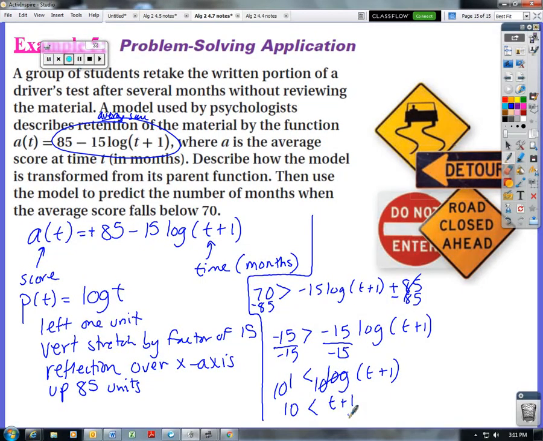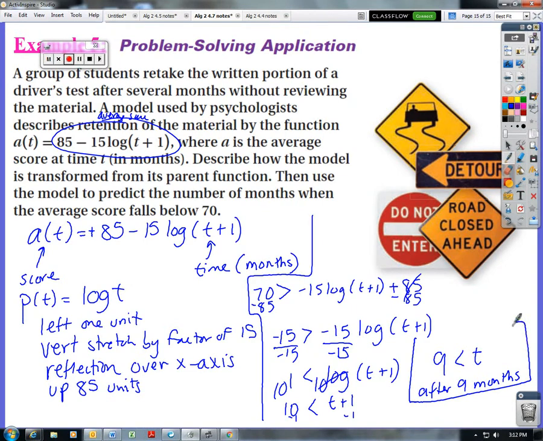We can subtract 1 from both sides and keep everything lined up. So we're going to have 9 is less than t, or in other words, t is greater than 9. T is in months, so after 9 months, you can predict that your average score is going to fall below 70.